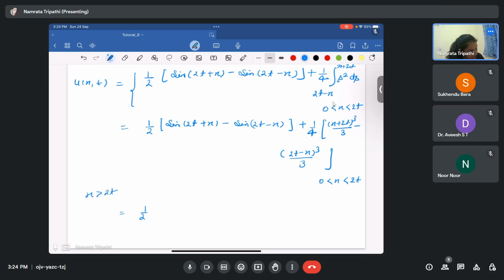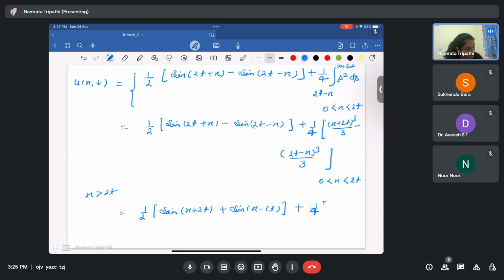One upon 2 f of x plus ct, x plus ct sorry, plus f of x minus ct, plus 1 by 4, again integration of g of s ds, means integration of s square, so you will get s cube by 3.